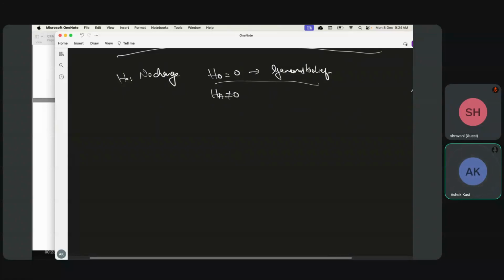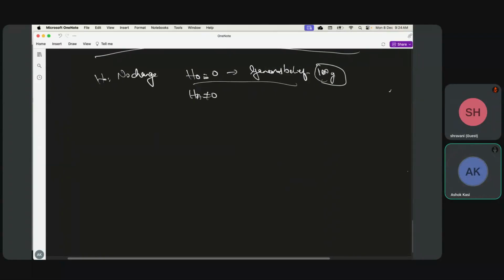Say for example, Parle G biscuit weighs 100 grams. This is the general belief. So it will always have an equal to sign. I can even say less than or equal to, let's say 10, where 10 means 10 minutes, like Zepto delivers within 10 minutes.